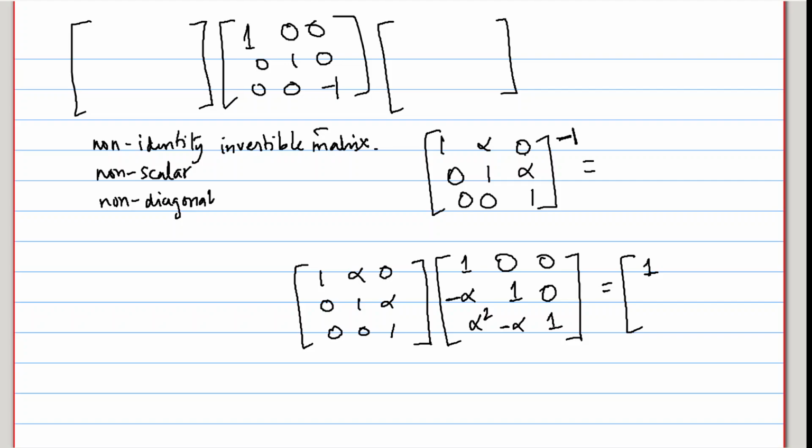Okay, now it makes sense. Then we would have 0 1 minus alpha, and then 0 0 1. Then 1, 0, alpha square minus alpha square, 0. Perfect.